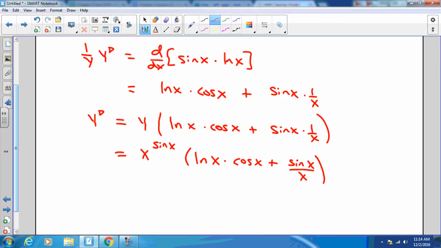Logs, as it turns out, have another trick up their sleeves. Here we use logarithmic differentiation to deal with variable exponents. But we can also use logarithmic differentiation to deal with very complicated products and quotients.